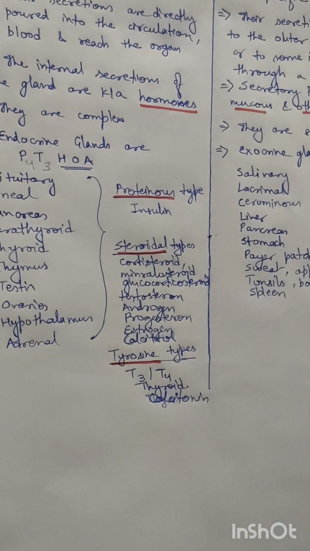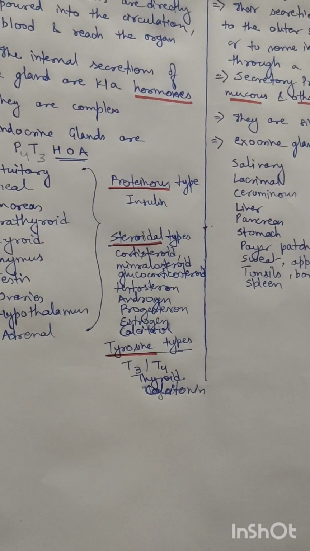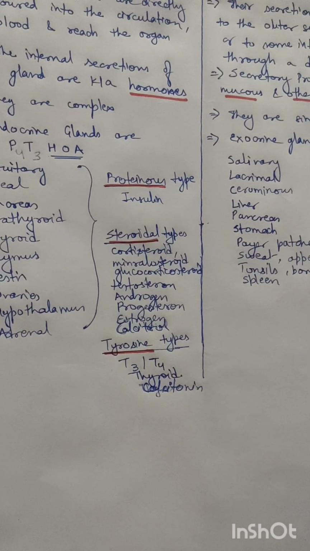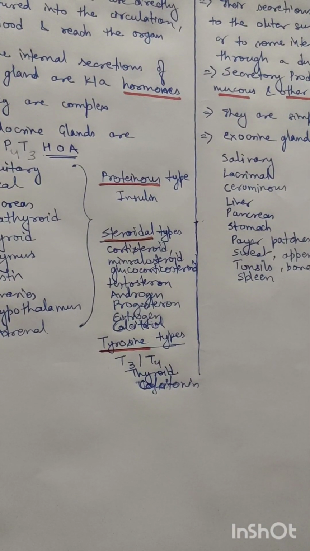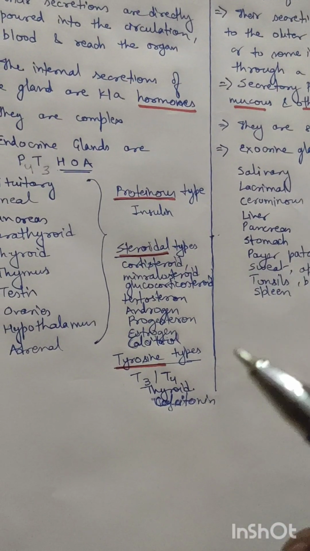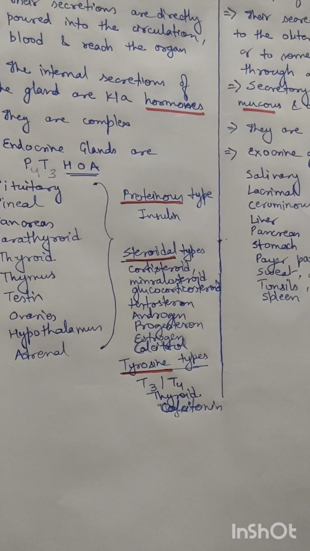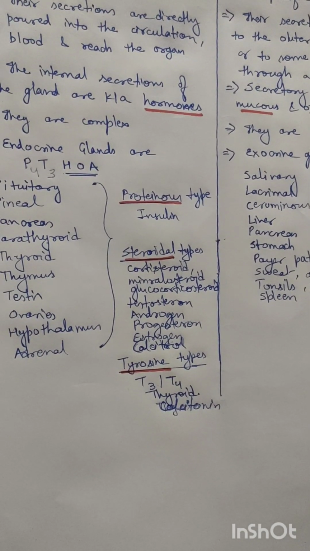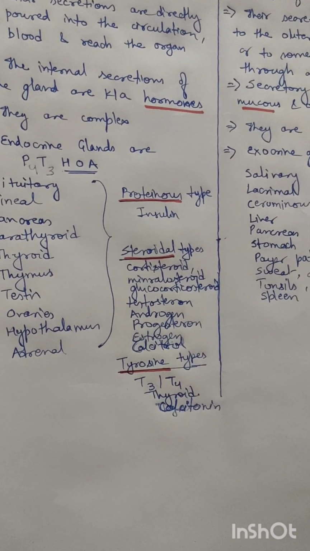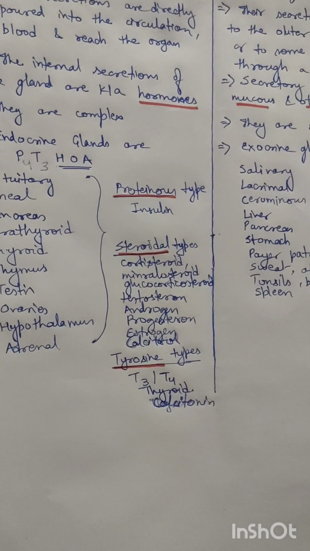For example, the pancreatic juice: the pancreas secretes pancreatic juice through the duct into the duodenum. The duct directly opens into the duodenum and carries the pancreatic juice. Whereas in the tail part of the pancreas, very small cells are present. Those cells are called islets of Langerhans. There alpha, beta, delta and PP cells are present.